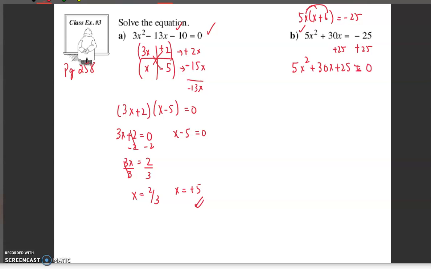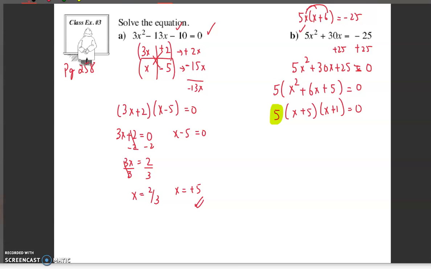Once it's on one side, then you can start saying, okay, what are my tools? I can do factorization. So I'm going to take a 5 out because I can do a GCF out of all three of them. Then my factoring becomes much easier. I can do it by inspection or by chart. And then we have three factors, but the first one doesn't have any x in there.